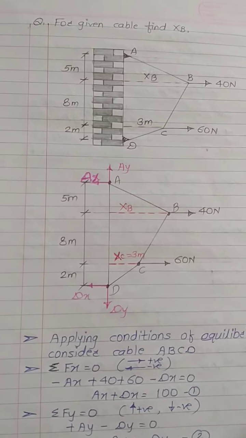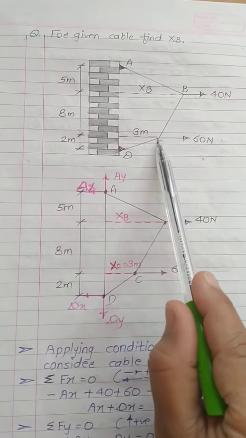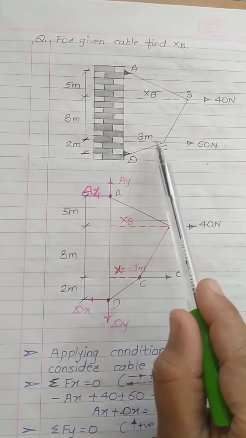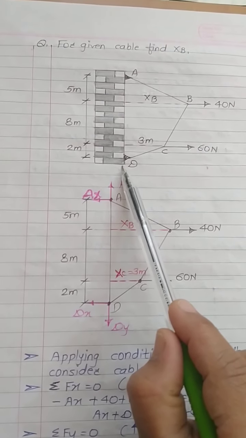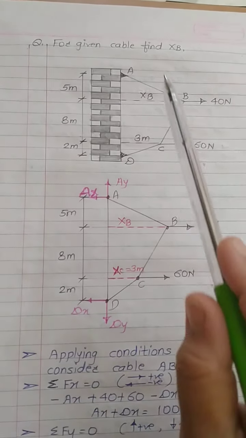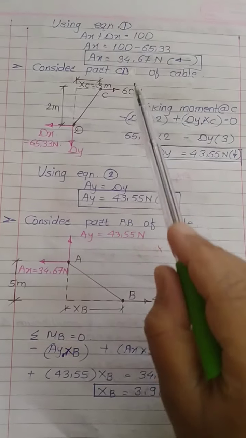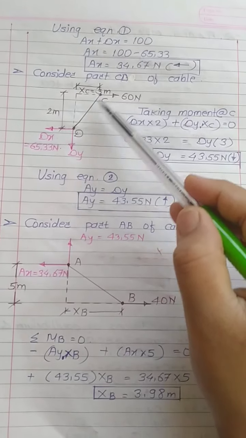Now if you observe this diagram, sag at point C is given to us. So we have to consider part CD of cable.